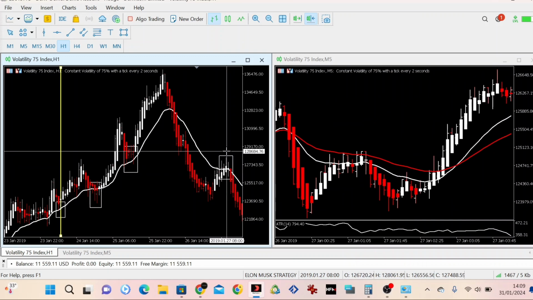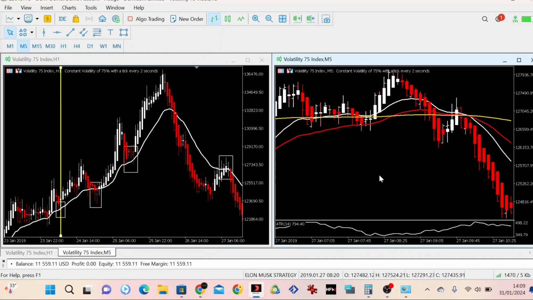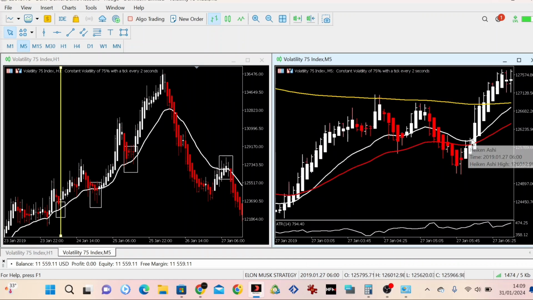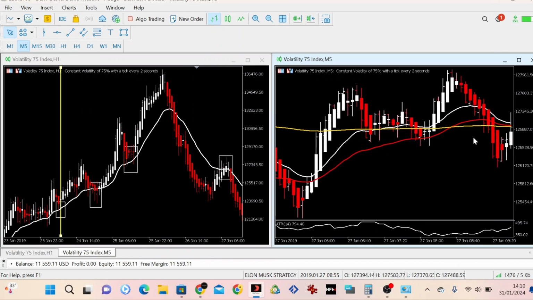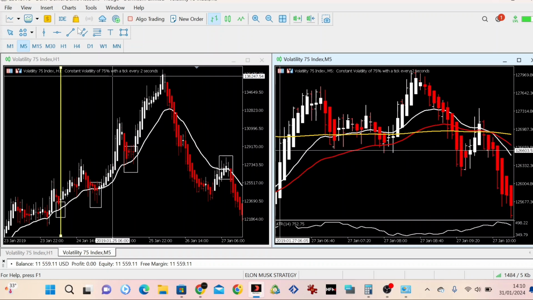So 27th at 8 a.m. You can see right there, that's the move up, that's the touch. But we're looking for the crossover. The crossover never happened, then the crossover happened somewhere there. So the first red candle that closes below after the pullback, you see the pullback happened there, this is a pullback here, and the pullback right there.